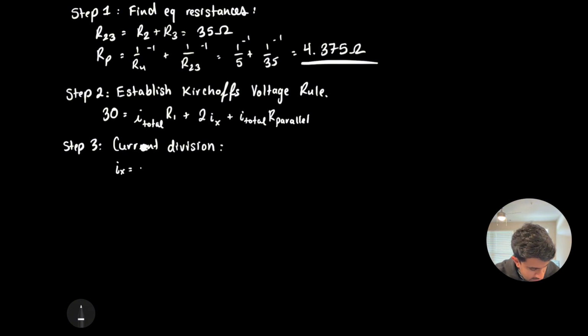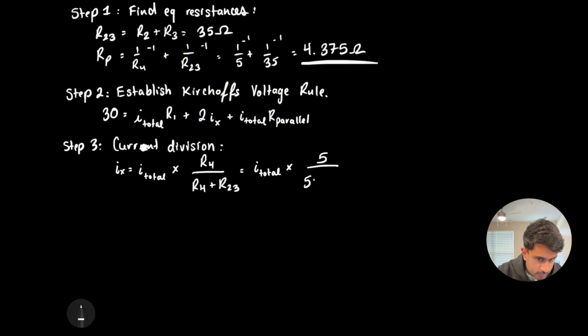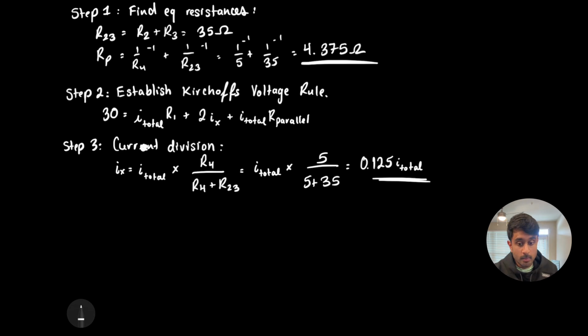IX is equal to I total times R4 over R4 plus R23. We can solve this, meaning I total multiplied by 5 over 5 plus 35, the values that we got from our previous step. And this is equal to 0.125 I total, another important value that we're going to plug into our previous equation.